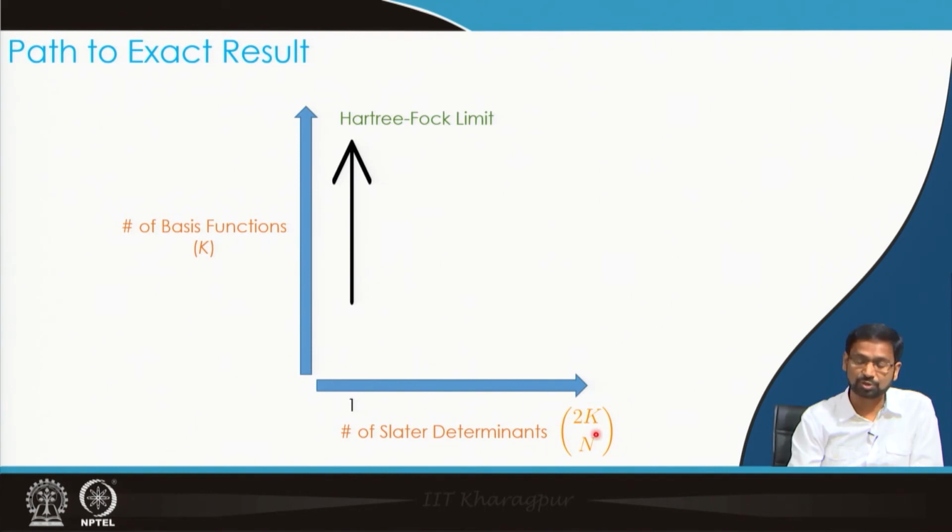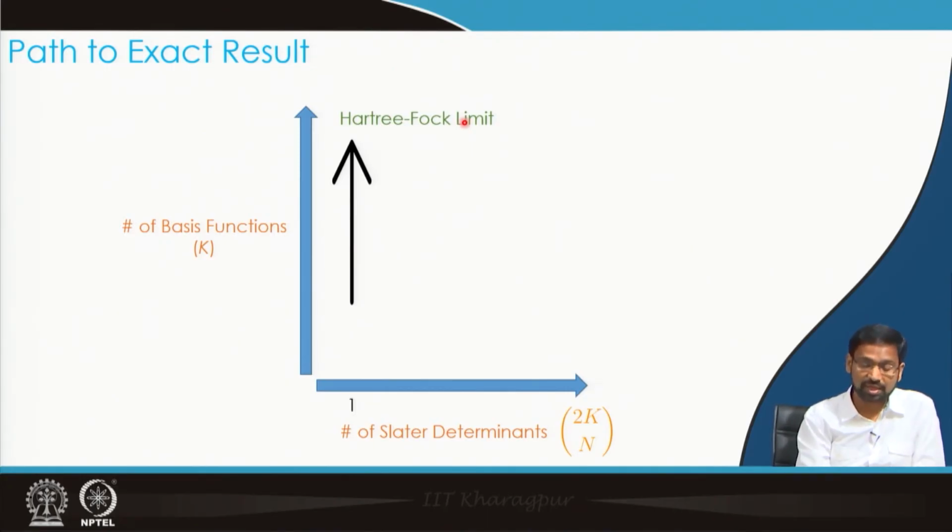In fact, 2k choose n Slater determinants are possible, but the Hartree-Fock calculation works with only one such Slater determinant. As long as you are working with one Slater determinant, even if you take the best basis function, you can only approach a particular limit, but you cannot go beyond. That limit is called the so-called Hartree-Fock limit.